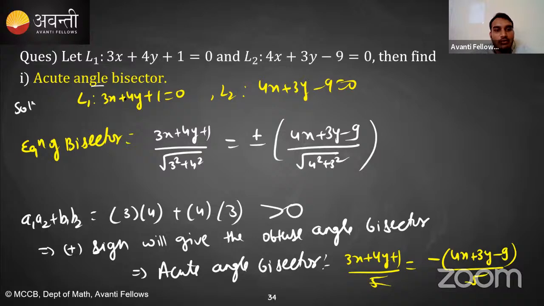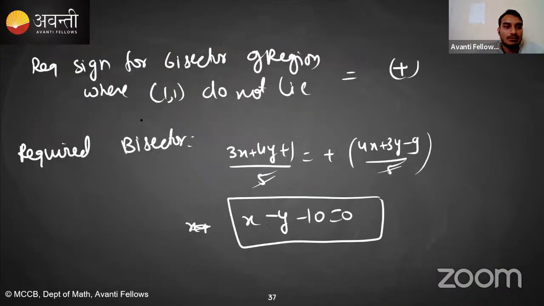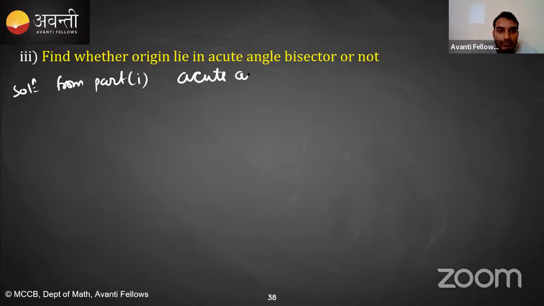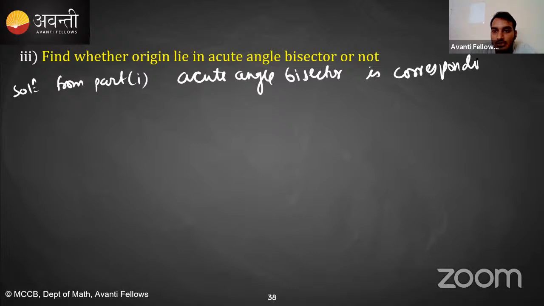So from part 1, acute angle bisector is corresponding to negative sign. Yes or no?